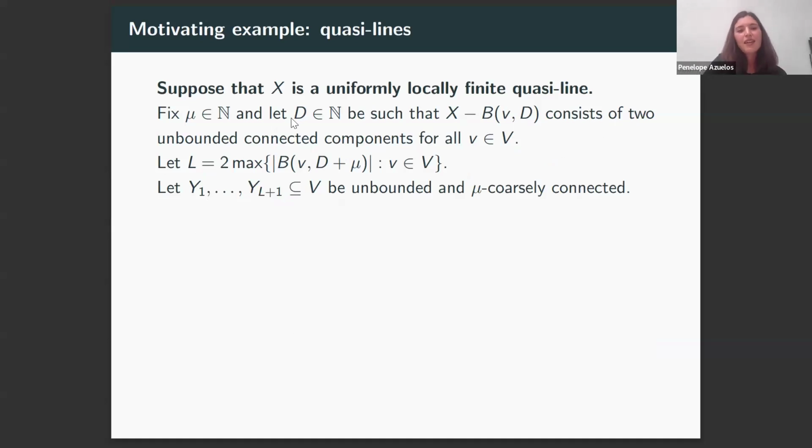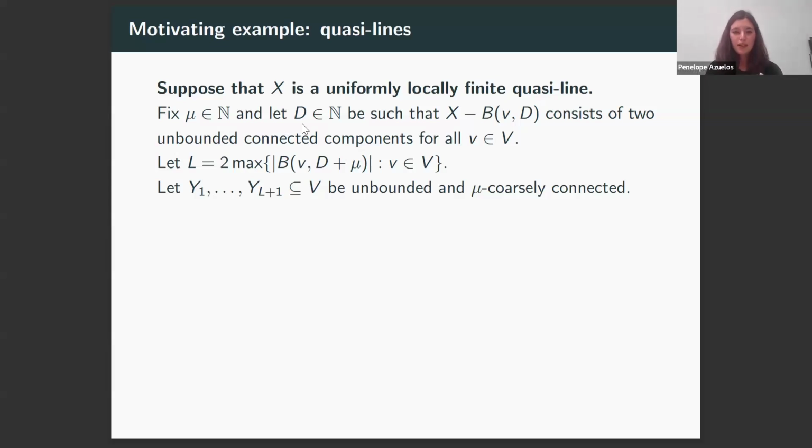So let's do that. X is still a graph, vertices V, edges E. It's uniformly locally finite, which in our context, all the graphs I care about are quotients of Cayley graphs, so this is true. And it's quasi-isometric to the reals. So first of all, notice that you can just prove this from the definition of a quasi-isometry. It won't take you that long.